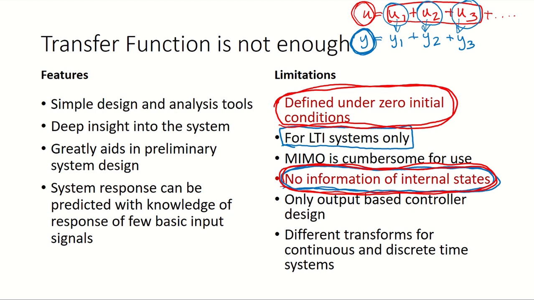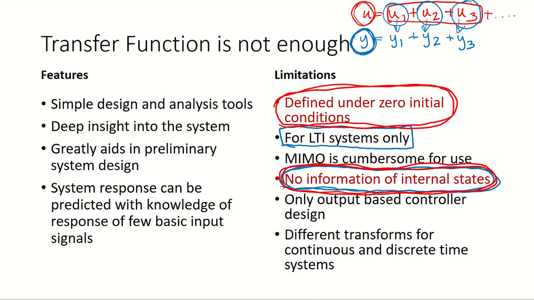However, it may not always be like that. The system itself may have some initial conditions, may have some energy within itself, and on top of that you are giving some external input.